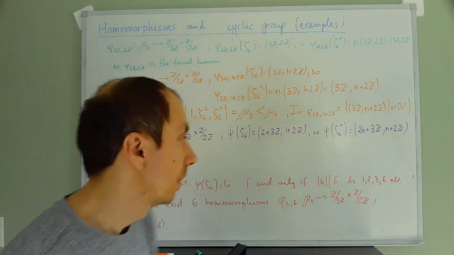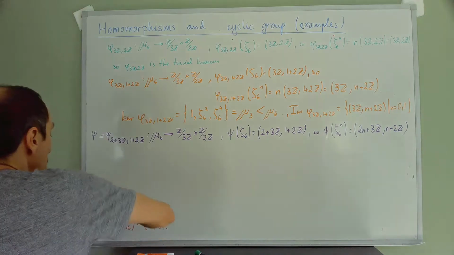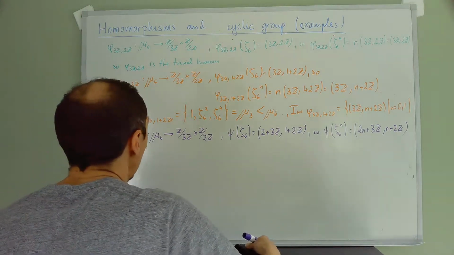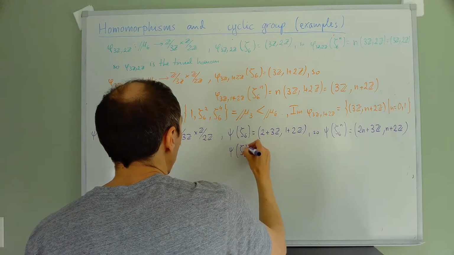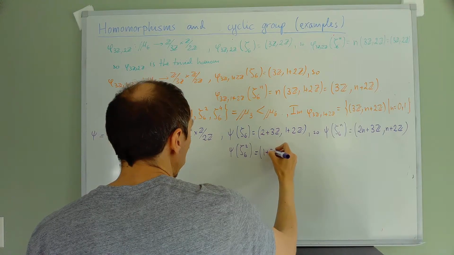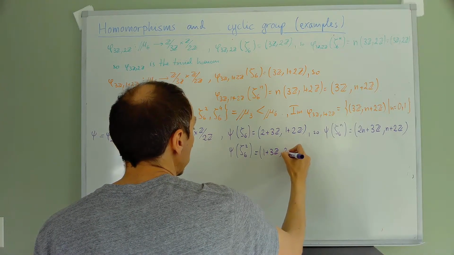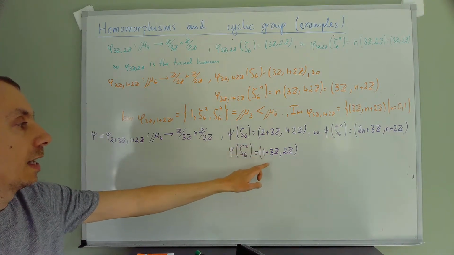But in this case, let's actually compute all the values of this particular homomorphism. So zeta 6 squared will be 4 plus 3z, in other words 1 plus 3z, 2z. Squared gives you twice that.